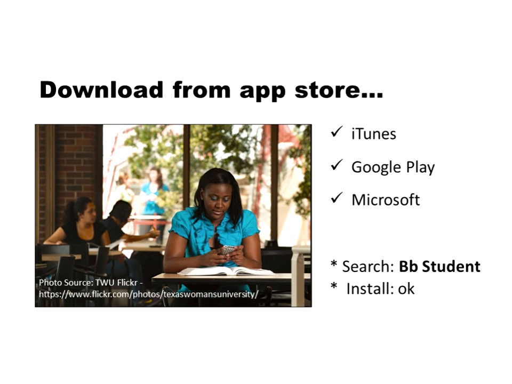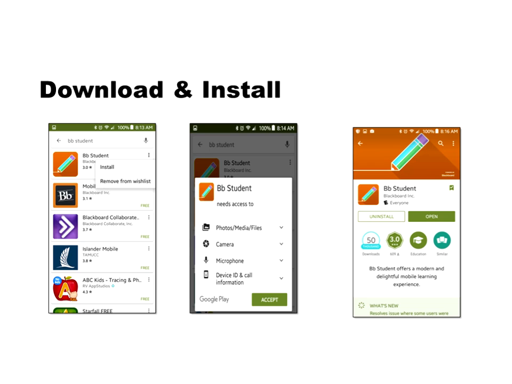And of course, as I mentioned, you can go to your app store and download it. Just search BB Student and select it to be installed. Here are screenshots that I took with my phone. I selected BB Student, and I have an Android device, so this is my Android phone.